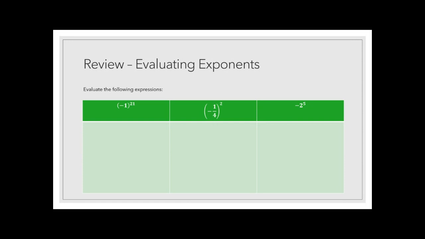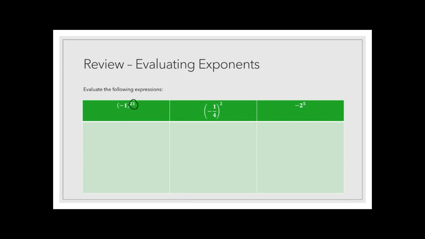And the 21 means we have -1 21 times. Now we don't have to actually write this out. Because -1 times -1 is 1, we know we're going to get 1 out. So we don't have to worry about the actual number.